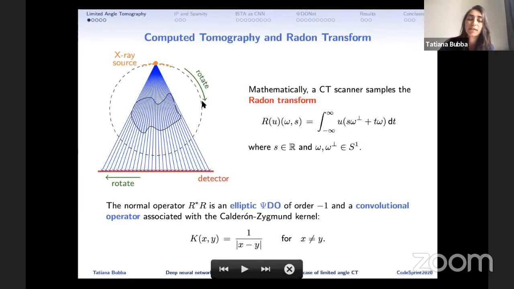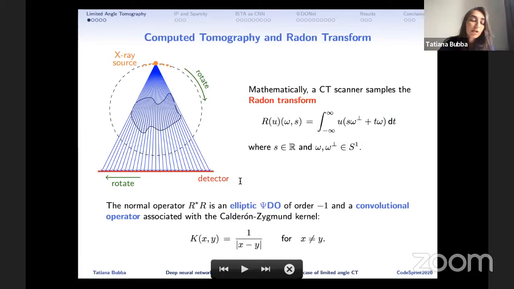What happens in practice with a computed tomography device is that you have an X-ray source and a detector. The source irradiates our object, which has a weird shape here in gray, and the detector registers the incoming radiation by counting photons, and then the X-ray source is allowed to rotate all around the target when we are dealing with this kind of model of the Radon transform.